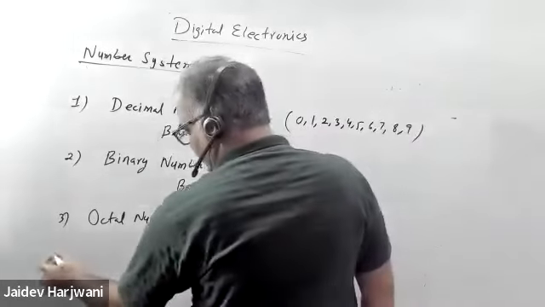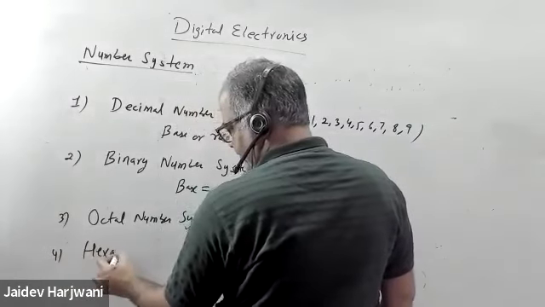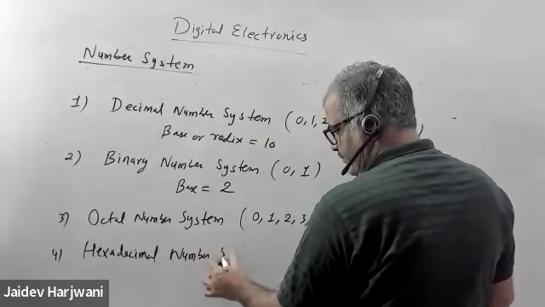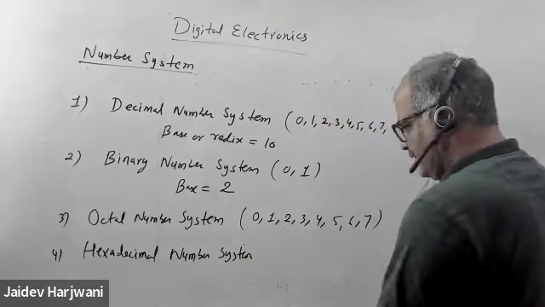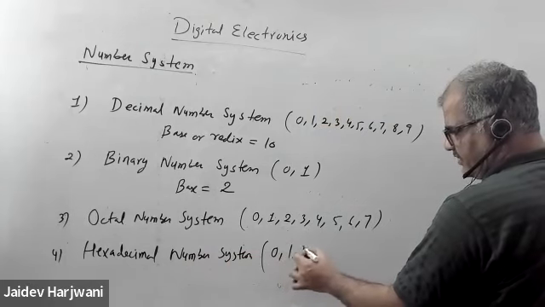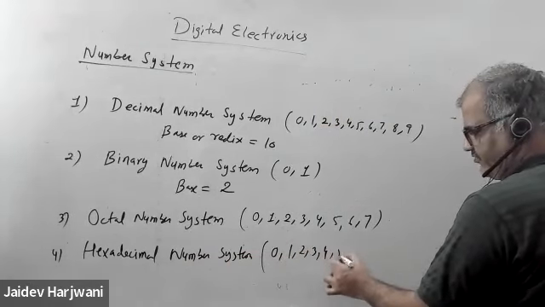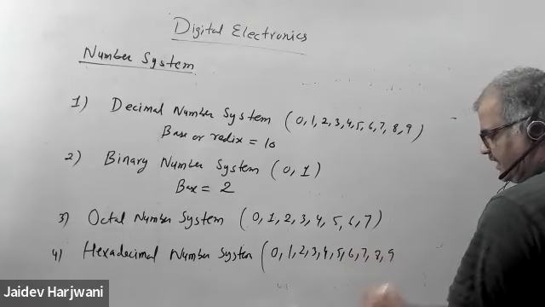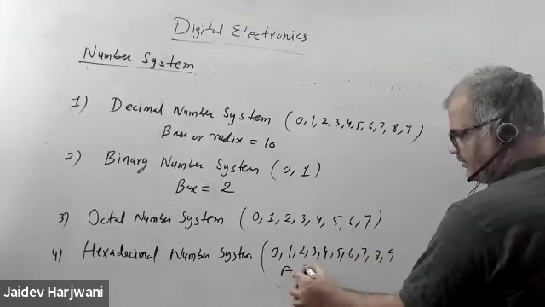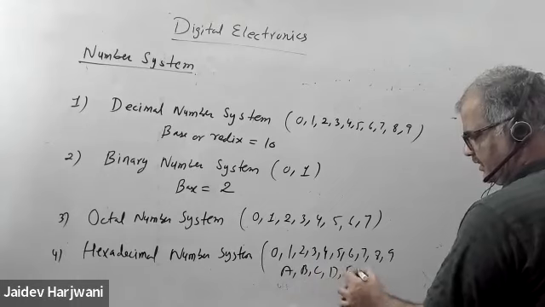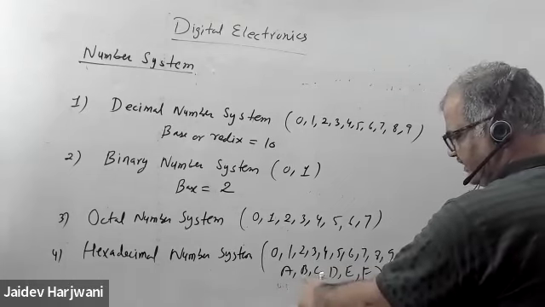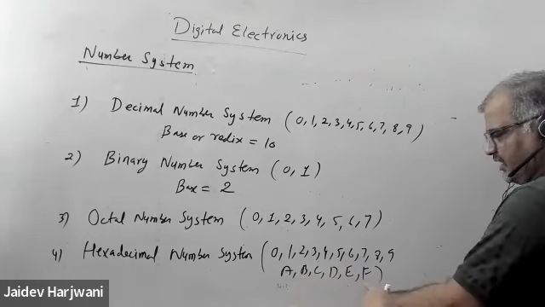And the last is the hexadecimal number system. The hexadecimal number system has 16 symbols. 0 to 9 are the same as decimal. After 9, you write alphabets: instead of 10 you write A, then B, C, D, E, F. So for 10 you write A, similarly B for 11, C for 12, D for 13, E for 14, and F for 15.